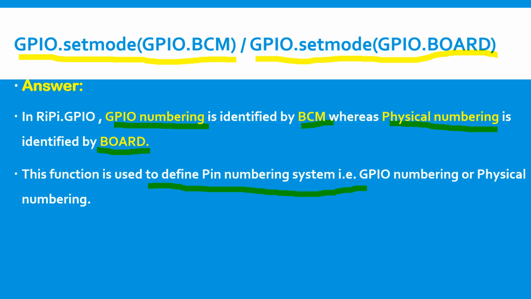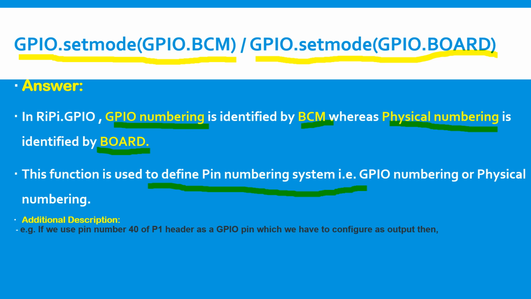Now this particular function is used to define the pin numbering system, that is either GPIO numbering or physical numbering. So remember this thing, this GPIO.setmode function is used to define the pin numbering system, that will be either GPIO numbering or physical numbering. So this is one of the examples given.